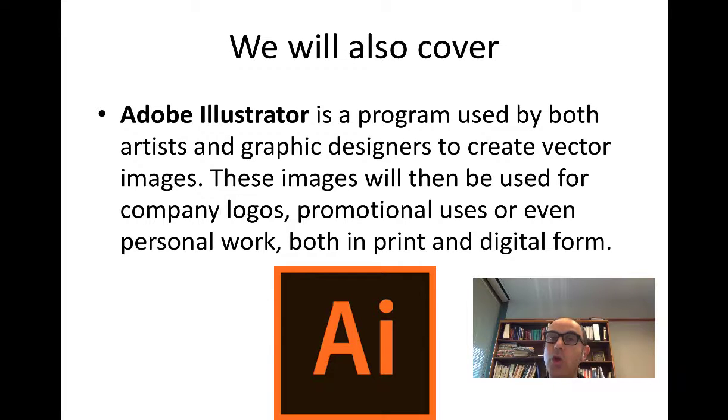But we will also use a program used by artists and graphic designers to create vector images, and you will see how Adobe Illustrator allowed us to create a simple visualization of visual analytics out of it.